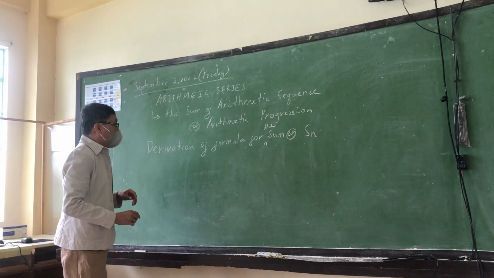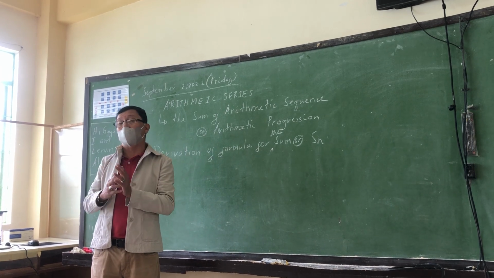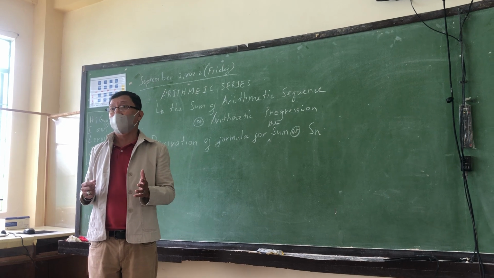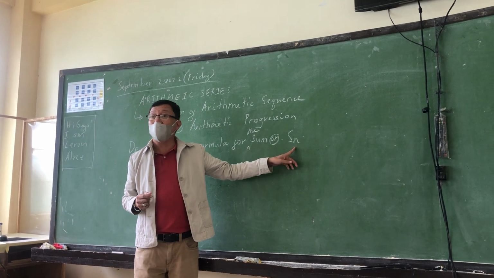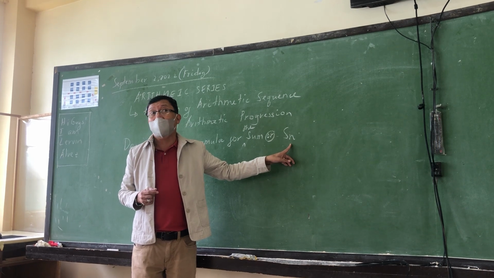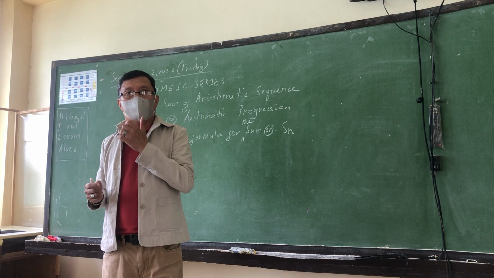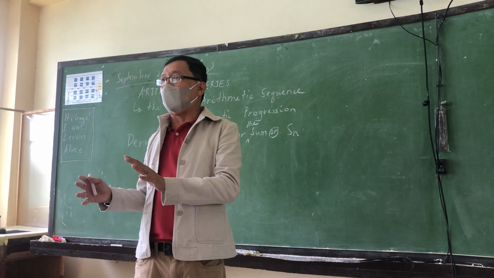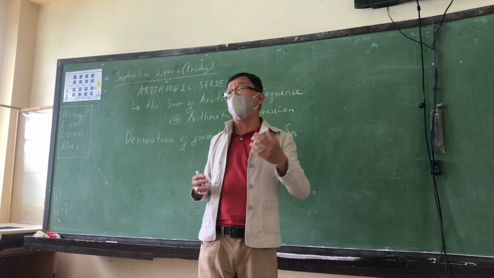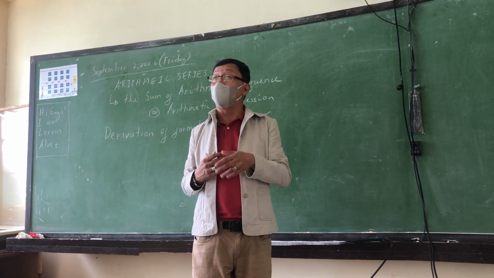Let us say that we are asked to find the sum of the n terms of the arithmetic sequence. The abbreviation for the sum is S sub n. This is what we call the international agreement of those who are studying algebra, specifically in the lesson of the sum of the arithmetic sequence and the sum of the geometric sequence.